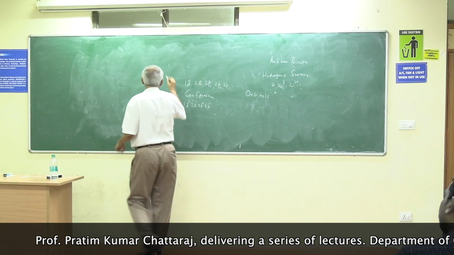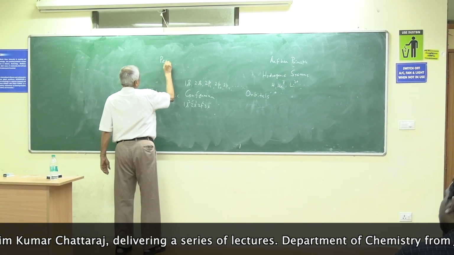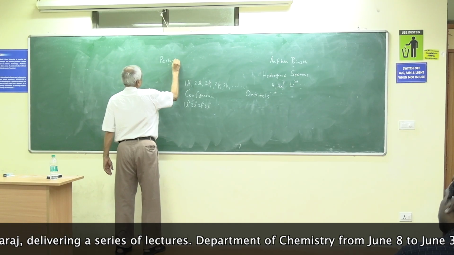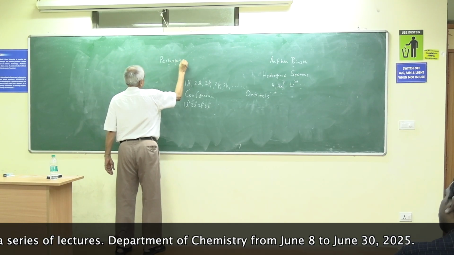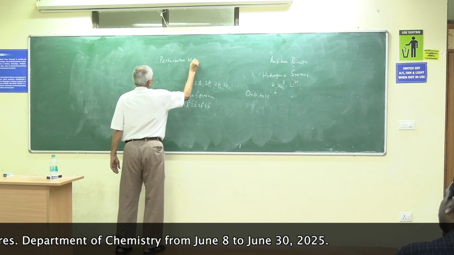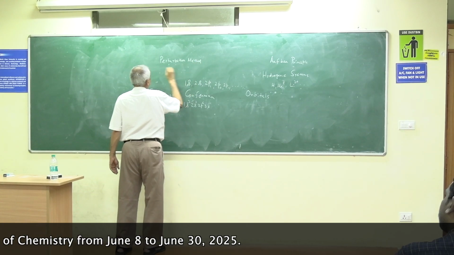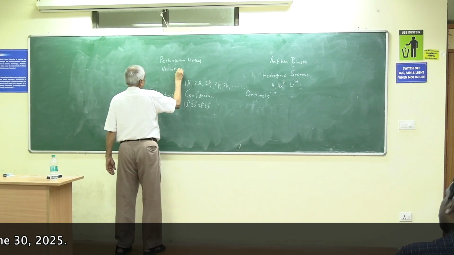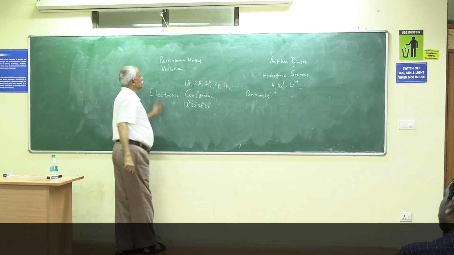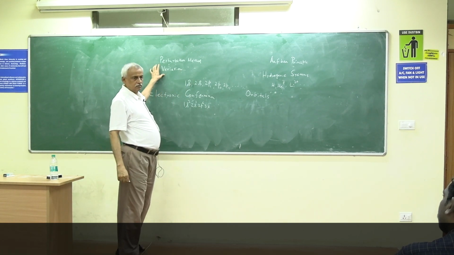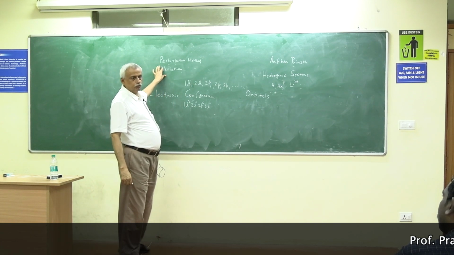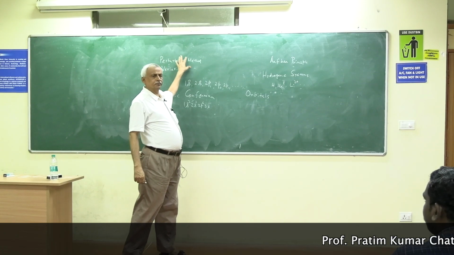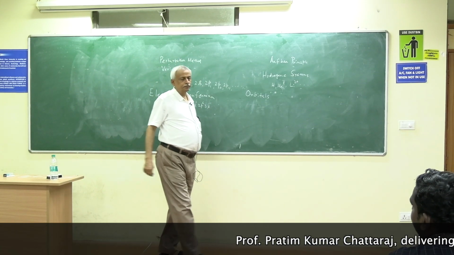Two important techniques are the perturbation method and the variation method. Actually, most of the quantum chemistry packages use the variational method. Some places we use the perturbation method also.